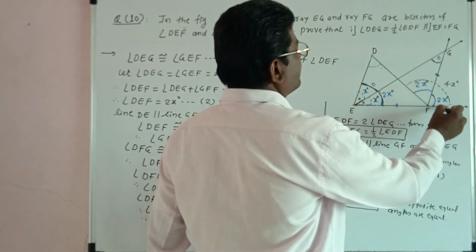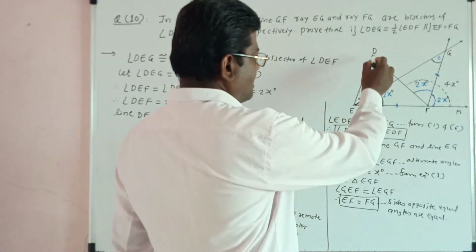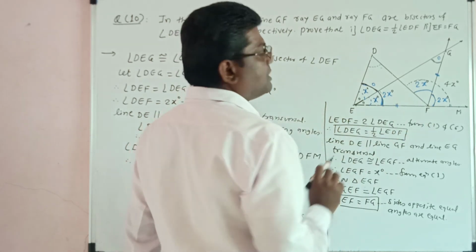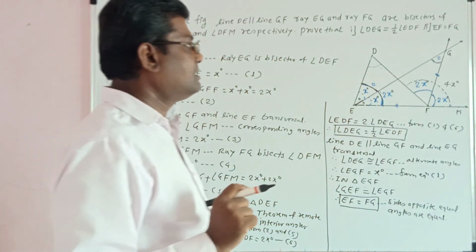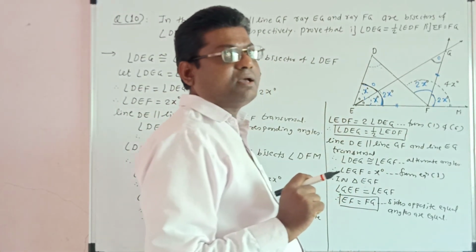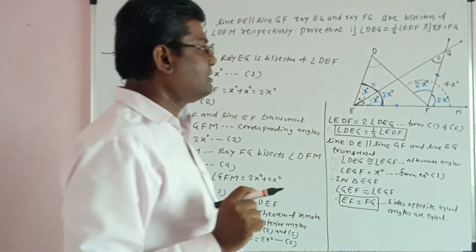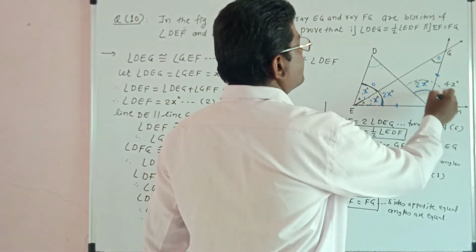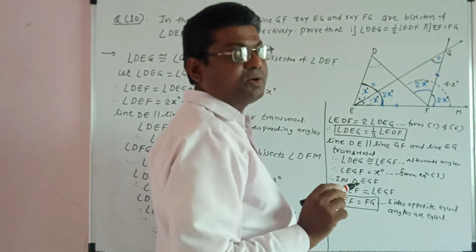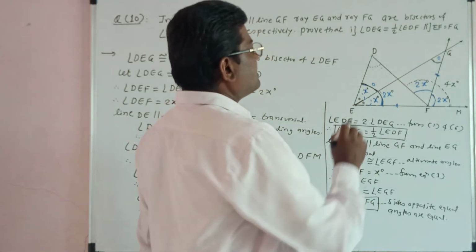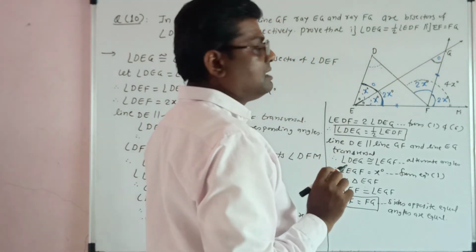Now, this angle is the exterior angle of triangle DEF. We know that by the theorem of remote interior angles of a triangle, the measure of the exterior angle is equal to the sum of measures of remote interior angles.